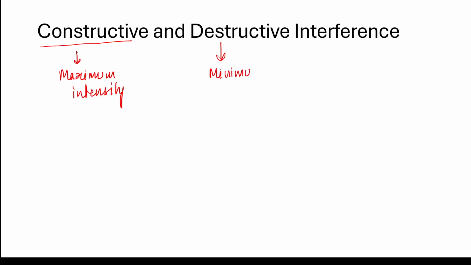Now let me just try and draw a diagram to explain that. Let's say, for example, this is one wave reaching at a point, and the other wave reaches exactly like this. So the path difference is here. They are both at their maximum amplitude. So the resultant wave would be this. So the amplitude A has now become 2A.